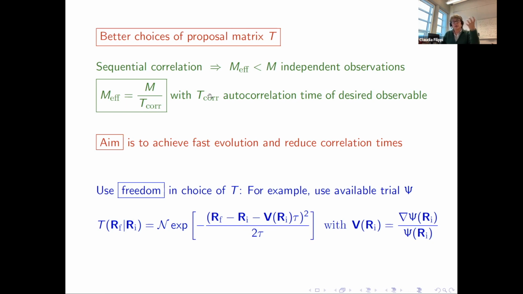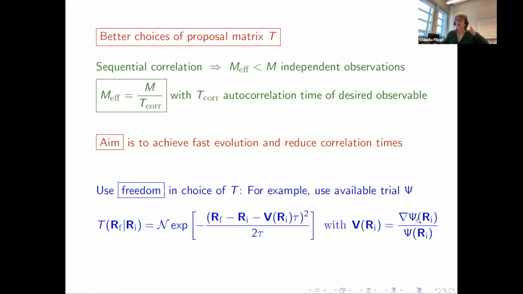But you're not forced to use a box, okay? So you can choose whatever you want as long as you can sample it. And for sure, we can sample a Gaussian, okay? And we're going to see that, for example, you can also put in your transition proposal matrix the information you have on your trial wave function. So suppose you start from an initial configuration and you're using the gradient of psi divided by psi.